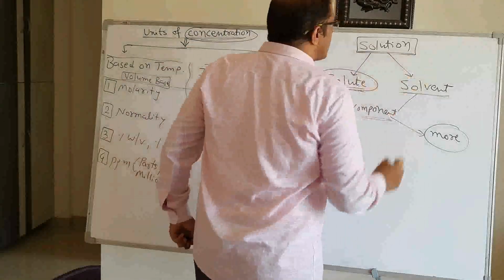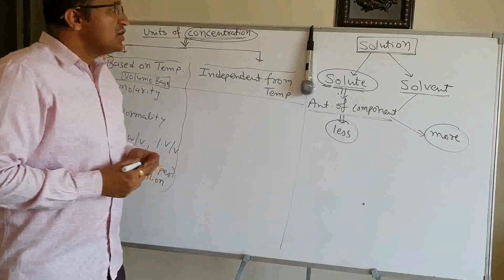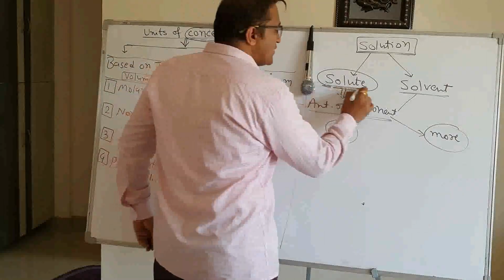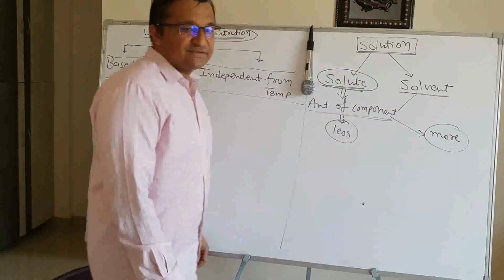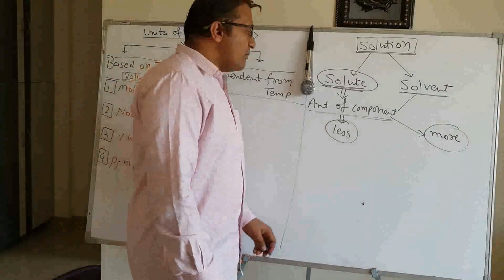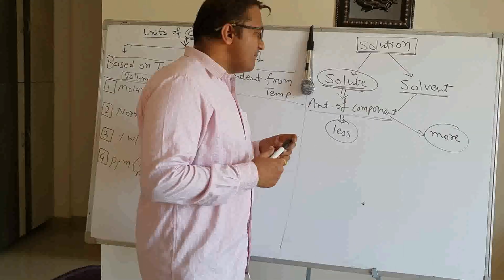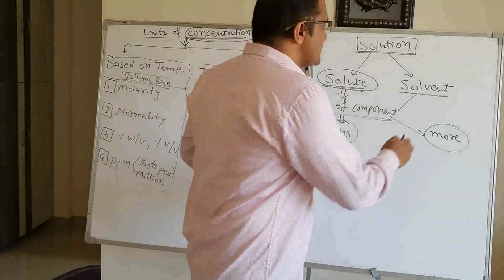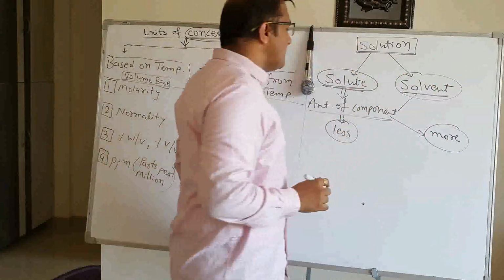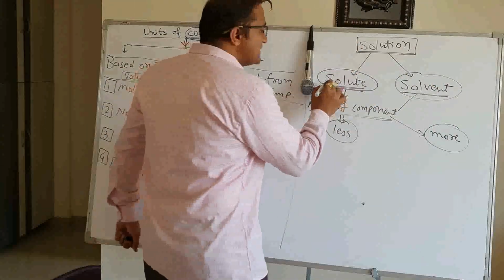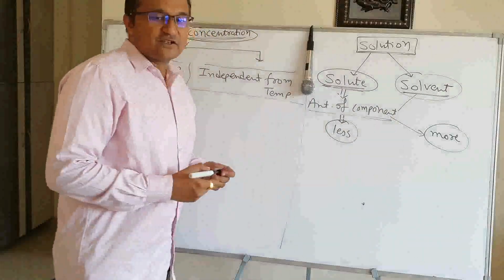So generally in a solution there are two components. First is a solute, another is a solvent. Now if the amount of a component is more, then such component is known as solvent, and if the amount of a component is less, then this component is known as a solute.